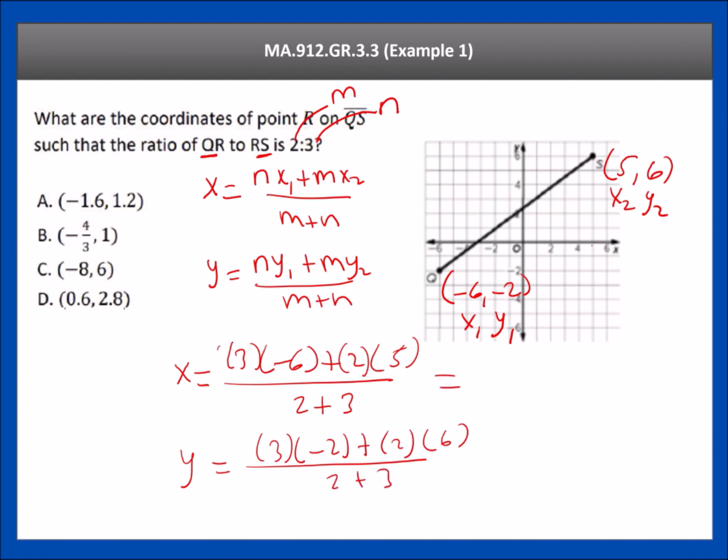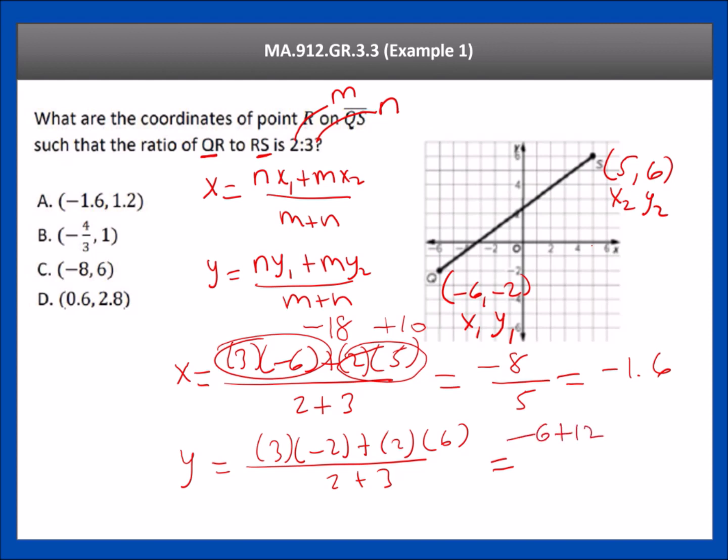All right, just do the math. This is -18, this is 10. If I add those together, I get -8. 2 plus 3 is 5. And -8 over 5 is -1.6. If I do this for y, I get -6 plus 12 over 5, which is 6 over 5, which is 1.2. So those are my coordinates, -1.6 and 1.2. So it's A.